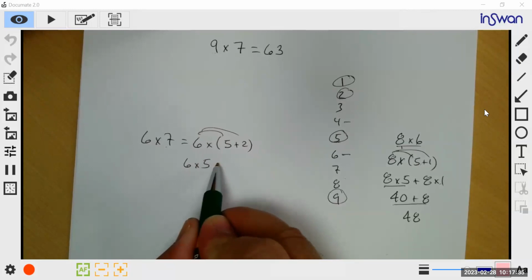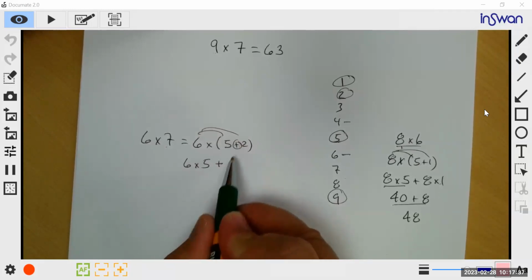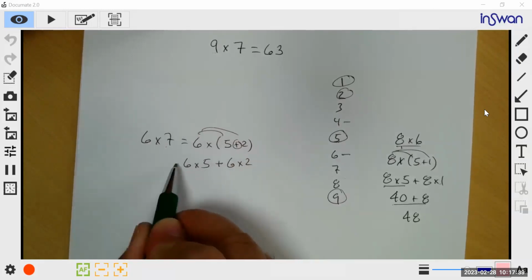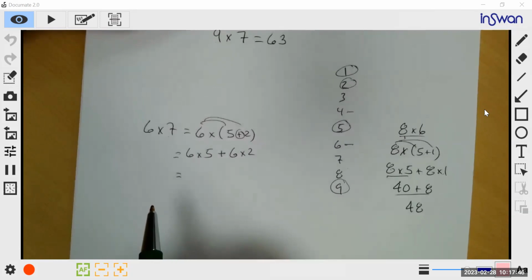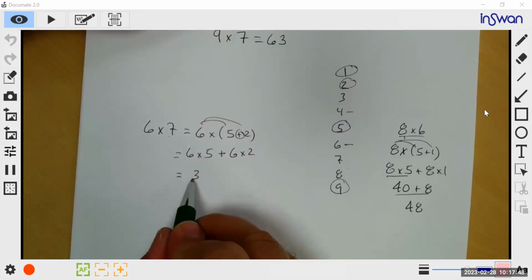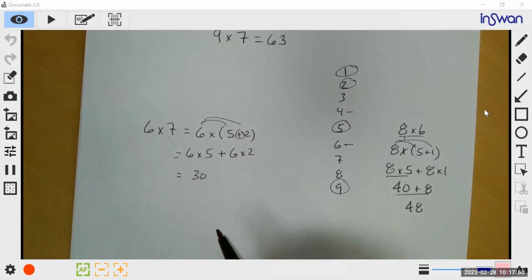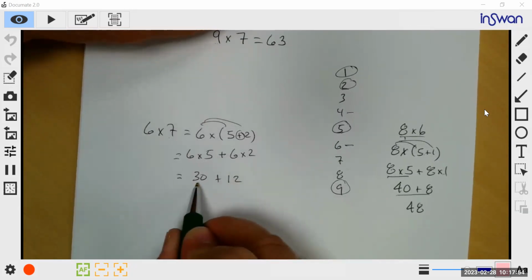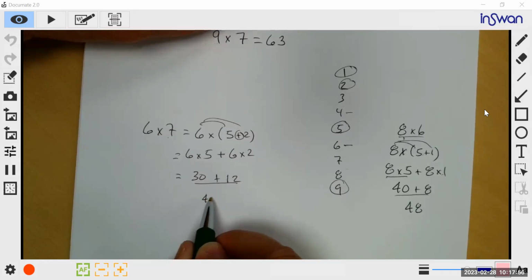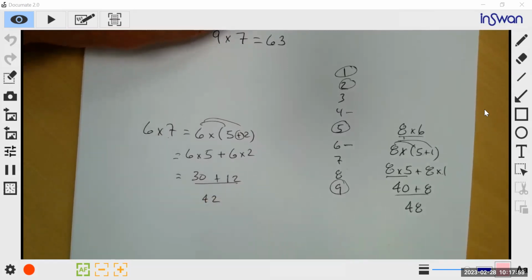So 6 times 5 plus 6 times 2. 6 times 5 is what? If you have to go 5, 10, 15, 20, 25, 30, 6 times 2 is 12, 30 plus 12, 42.